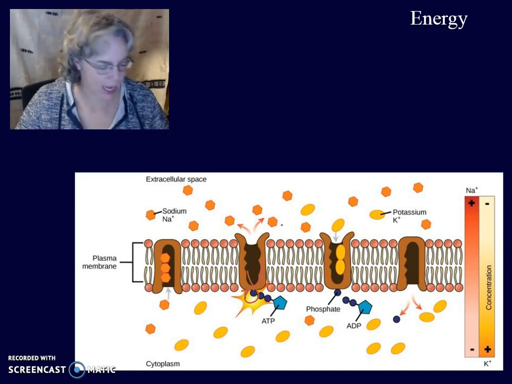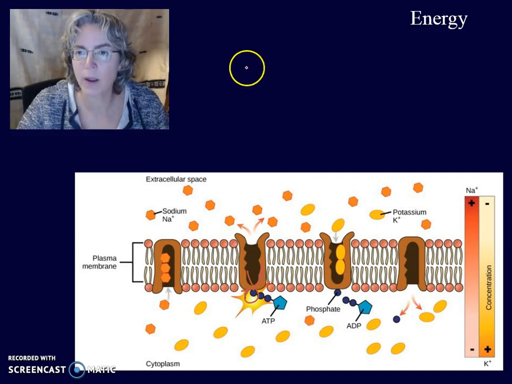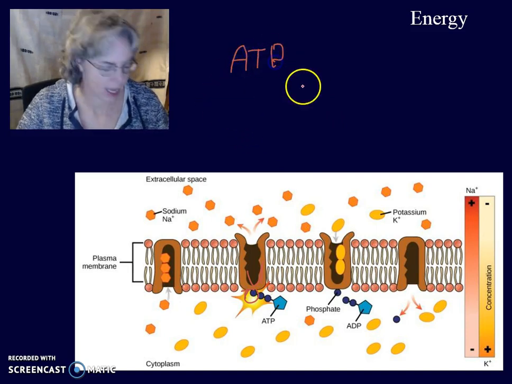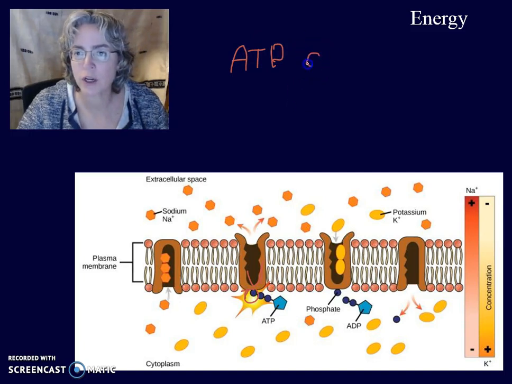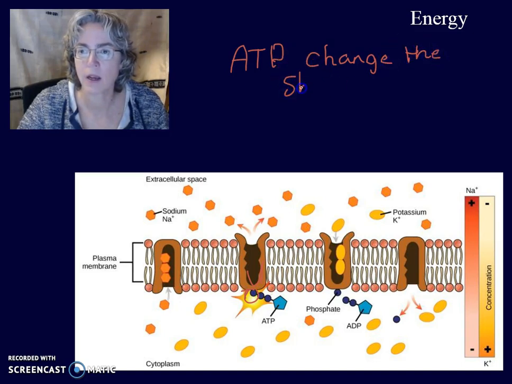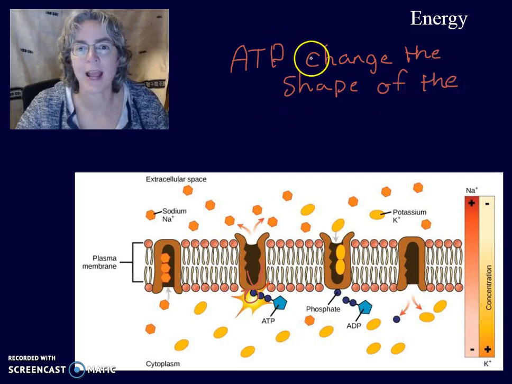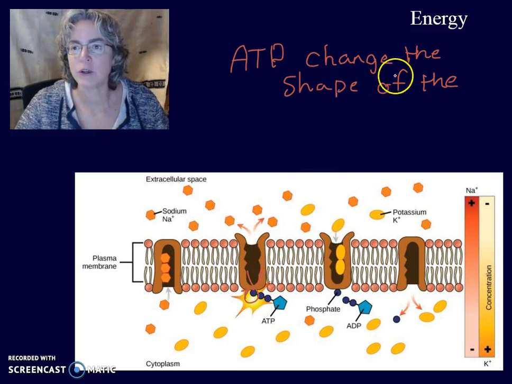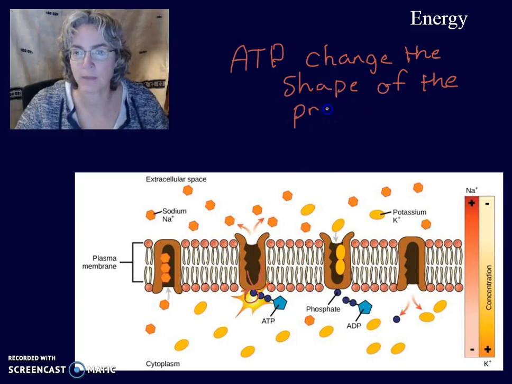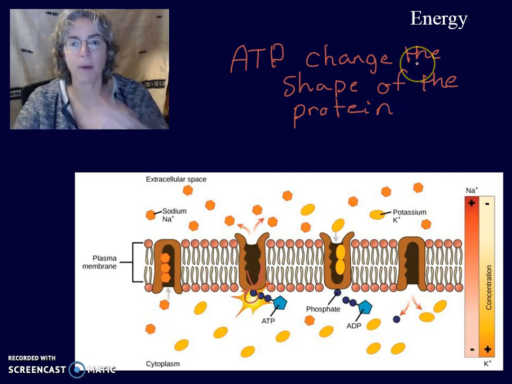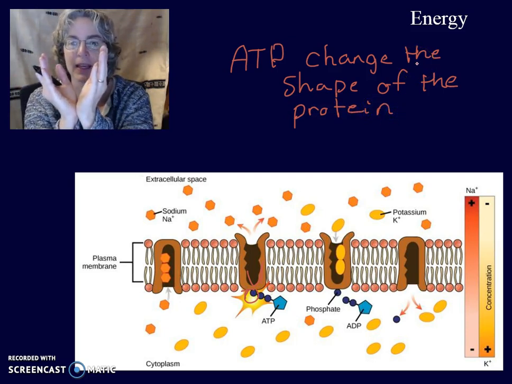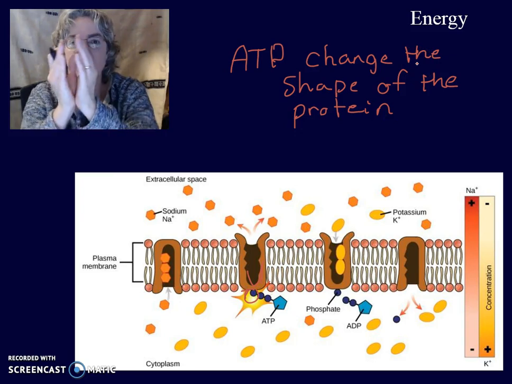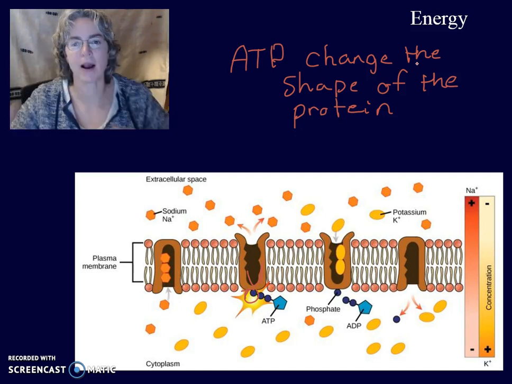So ATP is used to change the shape of the protein to form the pump, allowing the sodium ions out and then the potassium ions in.